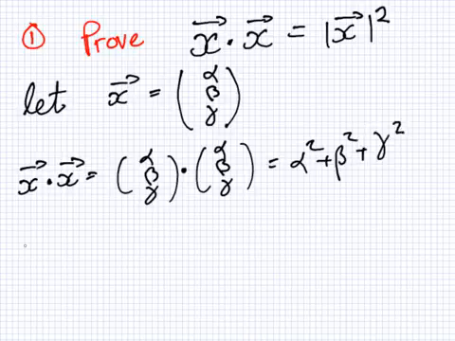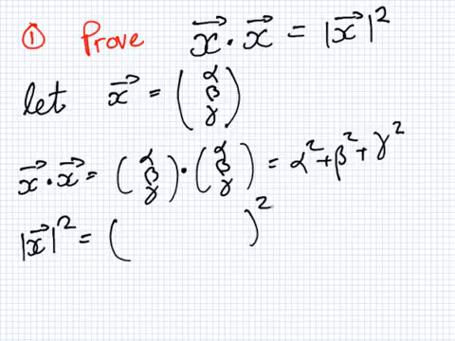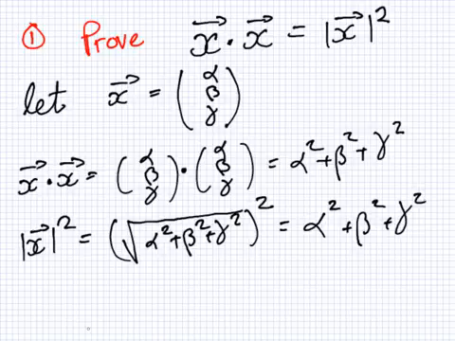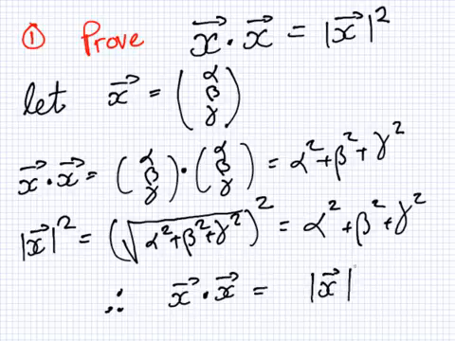On the right, magnitude of x squared is the square root of alpha squared plus beta squared plus gamma squared, squared, which is equal to alpha squared plus beta squared plus gamma squared. It's the same. So therefore, x dot x is the same as the magnitude of vector x squared. And that's the end of the proof.